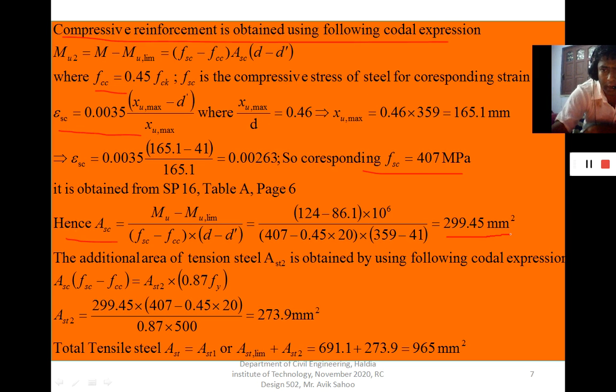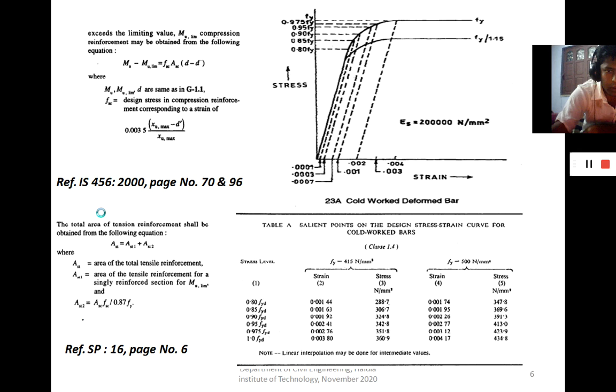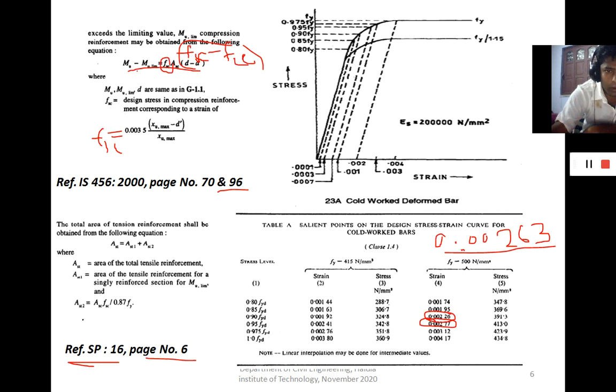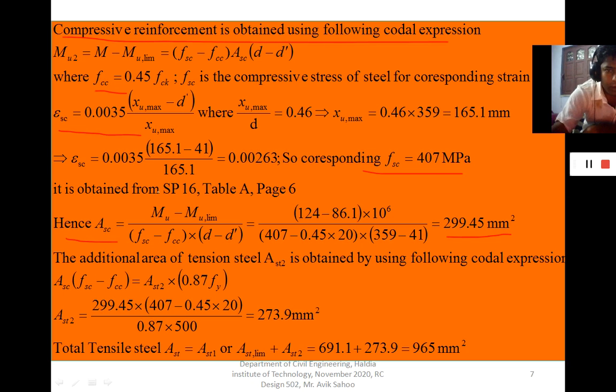That is 299.45 using that expression. So using that expression we get the compressive steel used in the section. So this is the required steel we get. This amount of steel is required.